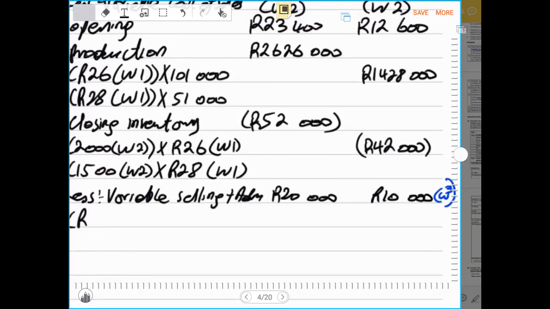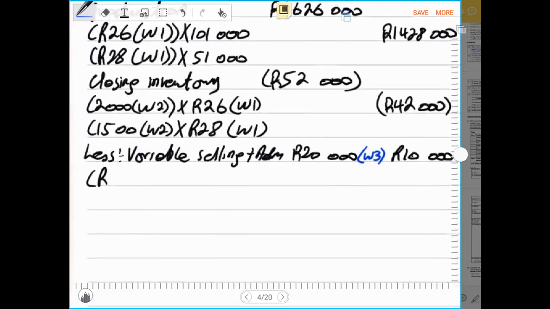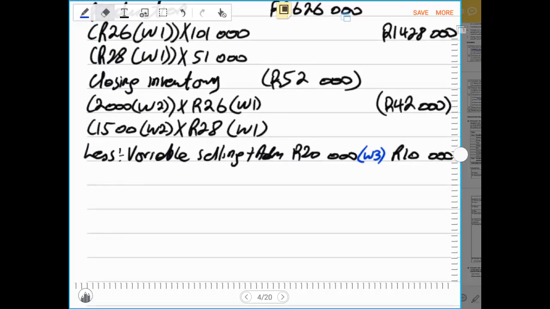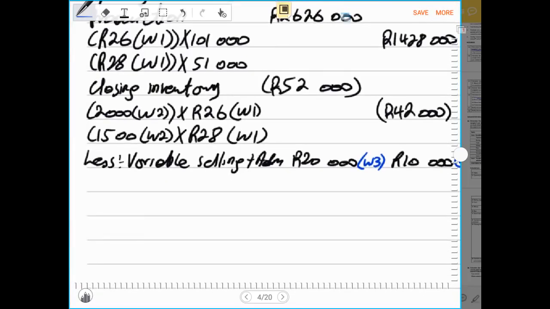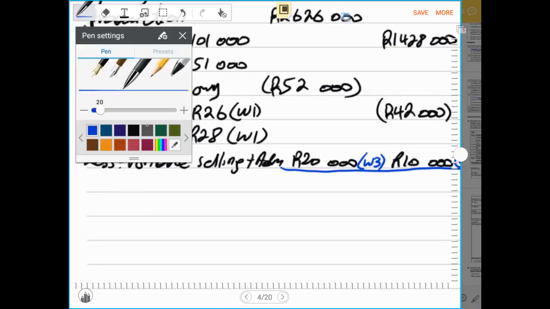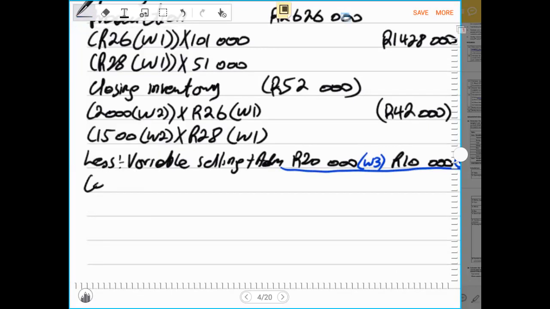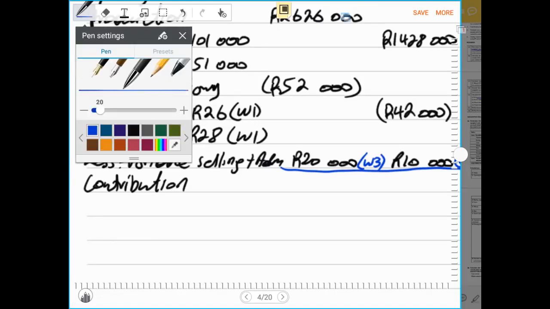Let me just change the color so that one can see that it is something different, an indication of where the working is coming from. So now from here I can calculate my contribution, and my contribution will be here at the bottom. I will have my total contribution here at the bottom.